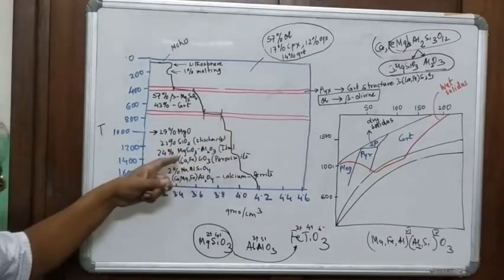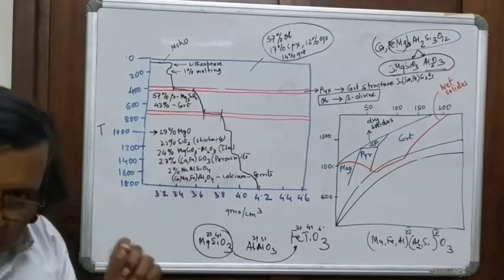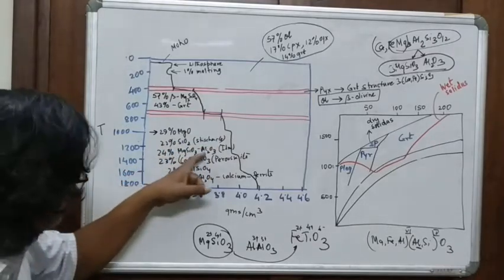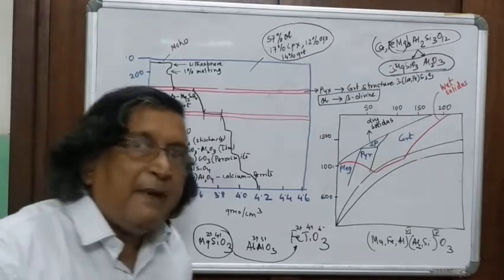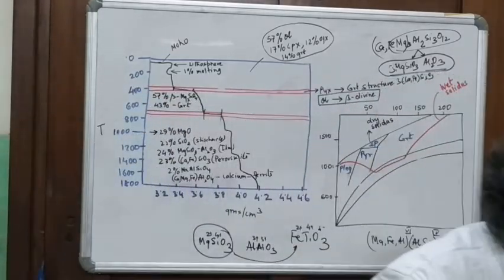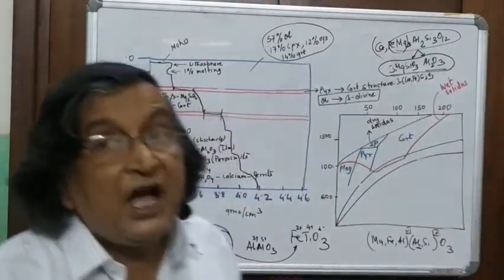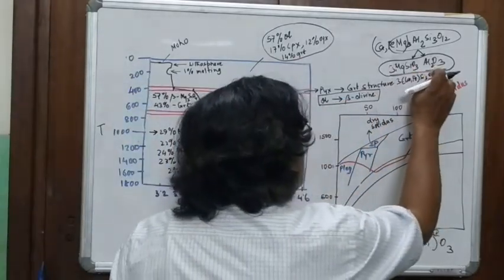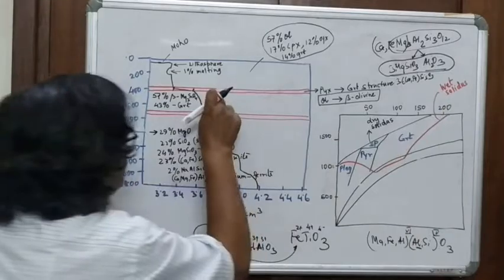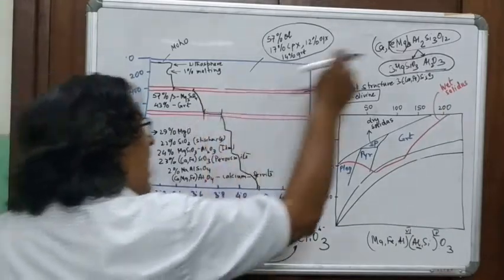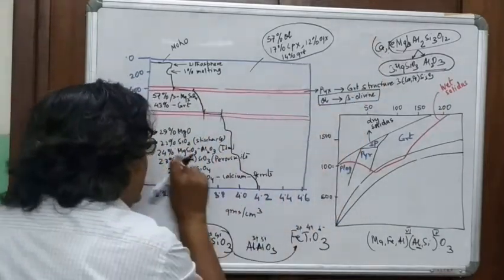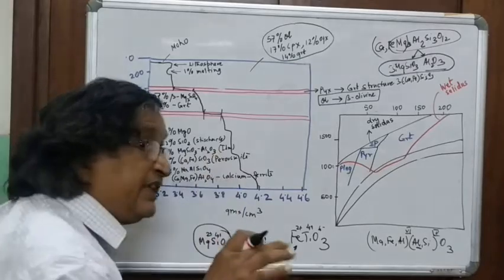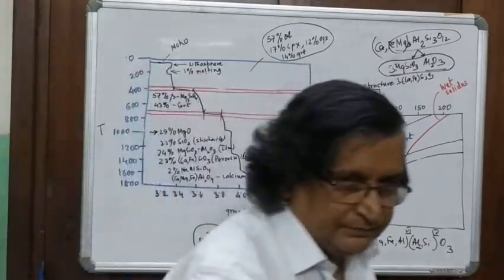The garnet breaks down to MgSiO3, Al2O3, but this has an ilmenite-like structure, not the garnet structure. So MgSiO3, Al2O3 becomes garnet-like in this zone, and then this garnet breaks down and you have MgSiO3 with an ilmenite structure.